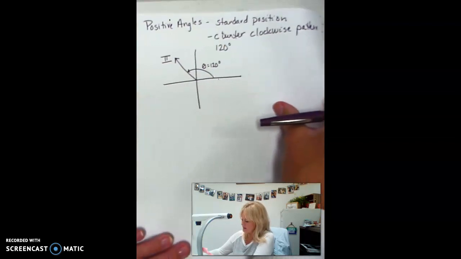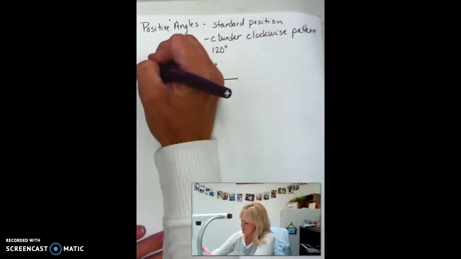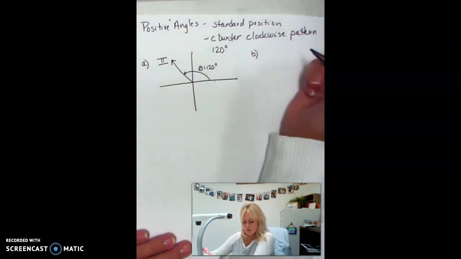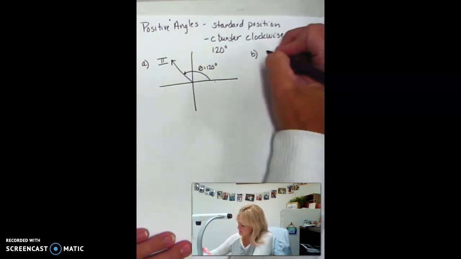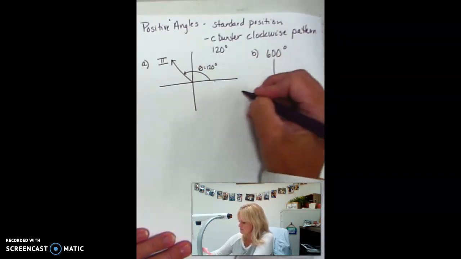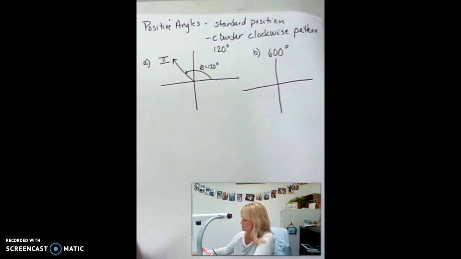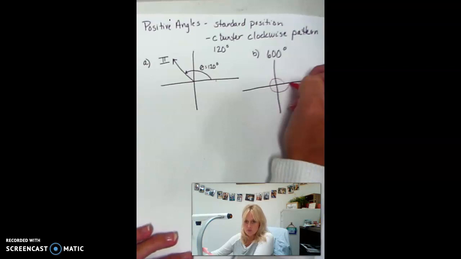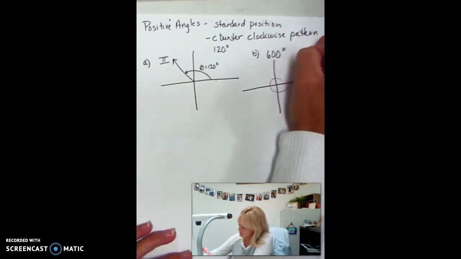Now, our angles can also go more than 360 degrees. So if I asked you to sketch an angle that is 600 degrees, we know that all the way around is 360. If I were to go all the way around again, we would be at 720. So we don't want to go that far. So how many more degrees do I need to go around?